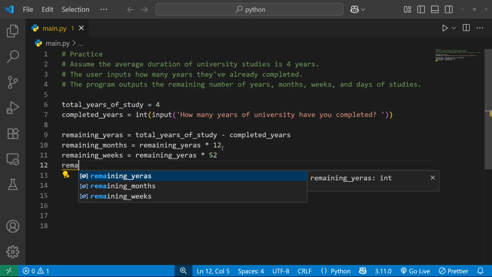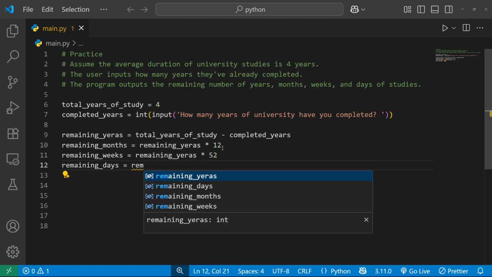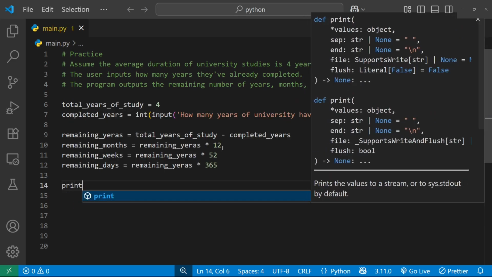And remaining days, we will suppose that every year has 365 days, so we are not considering leap years. So I will put it here, remaining years multiplied by 365. Okay, and just now we need to print it.